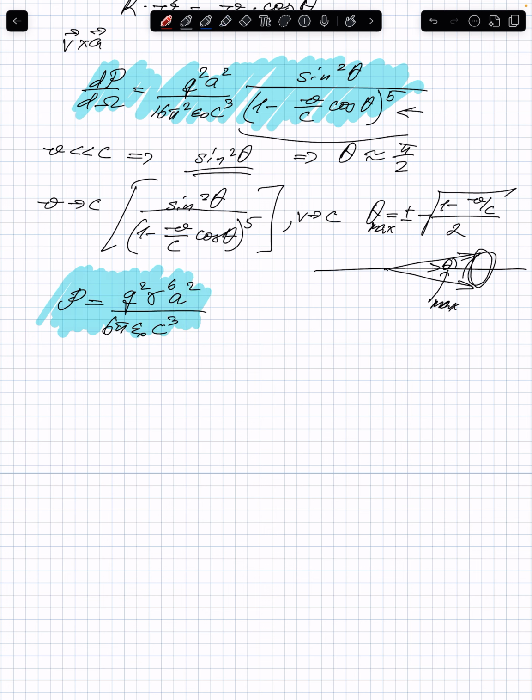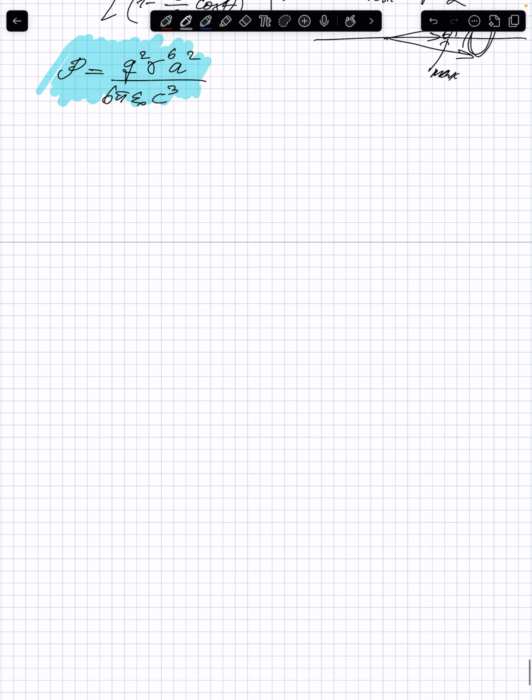Okay, that's the total power radiated for the Bremsstrahlung case. So now we are going to consider cyclotron and synchrotron radiations. Suppose that the particle travels in a circle.